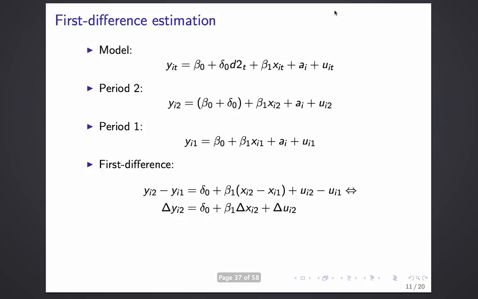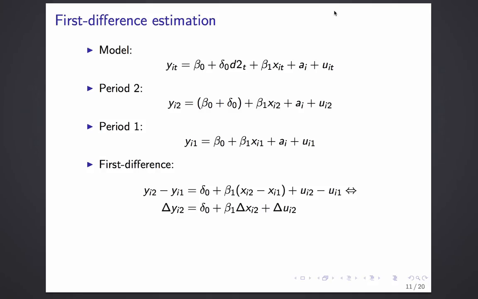And the solution is basically just to subtract the first equation from the second. Or in other words, we compute first differences. So when we subtract y1 from y2, what we get is that the intercept in the first difference equation is equal to delta naught. Or put differently, beta naught cancels out.